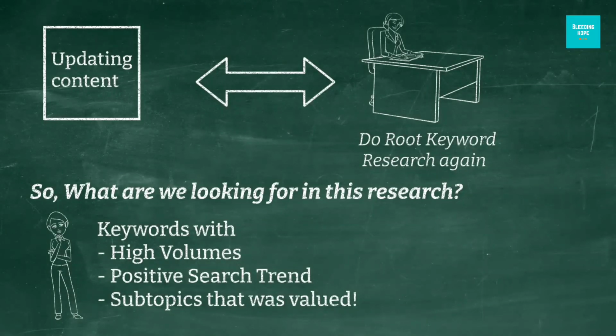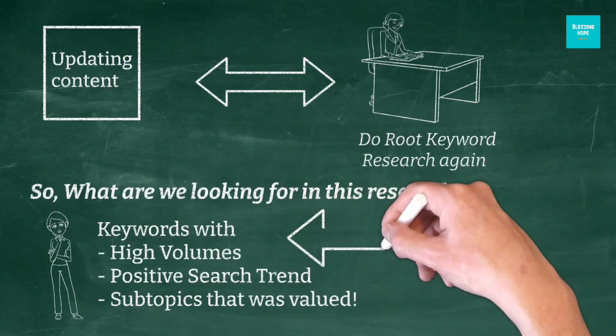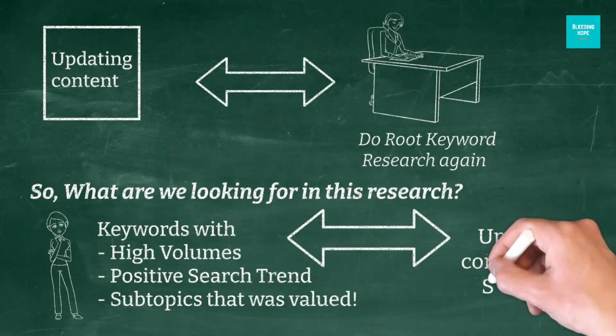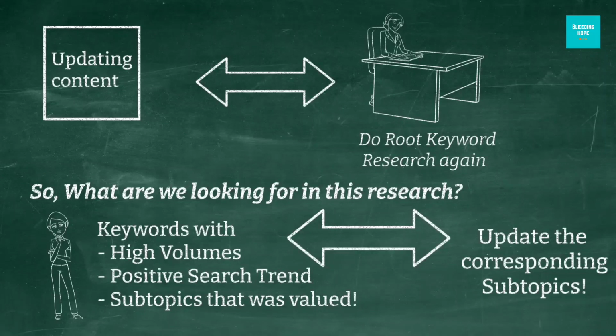Like when we first created the blog, we might have hoped to rank for certain keywords or even root keywords. So we might have invested a lot of time and effort into creating that particular part of the blog. So you will also have to update the content in such subtopics, because the content that we already wrote did not work, so something is going wrong. So make sure you update those kind of subtopics as well.